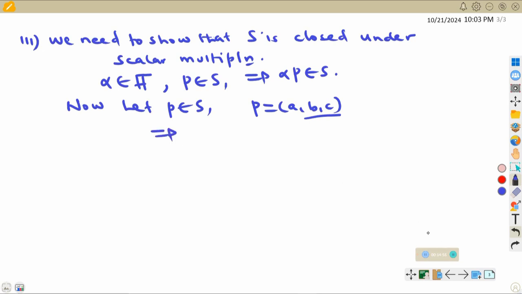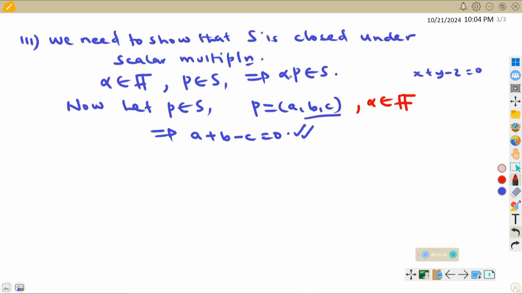By definition of any vector from S, it should satisfy the condition that x plus y minus z is equal to 0. But for our case, our x is A, our y is B, our z is C. So in other words, A plus B minus C should be equal to 0. So since P is an element of S already, this condition is satisfied. Now, also, we shall consider an alpha from the scalar field F.